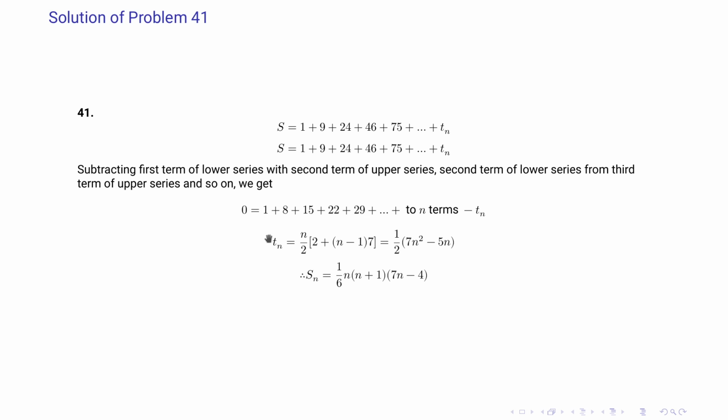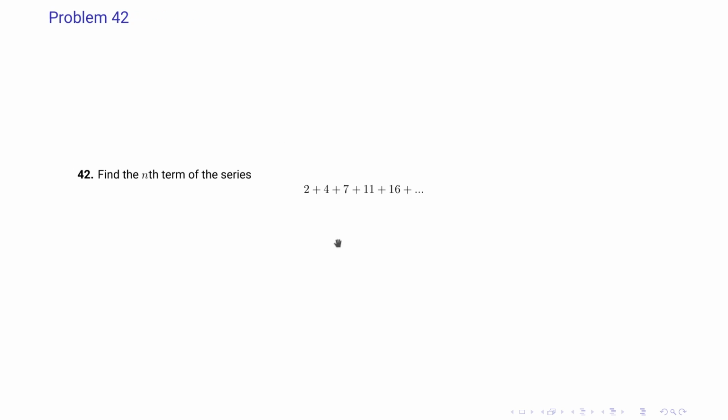So tn will go to the left side, and on the right hand side, the first term is 1 and the common difference is 7, because 8 minus 1 is equal to 15 minus 8 is equal to 22 minus 15 is equal to 29 minus 22, which is equal to 7. So our nth term is 7n square minus 5n. So you apply the sigma operator over n square and n and substitute the formula, and you will get the sum of n terms as 1 by 6 into n plus 1 into 7n minus 4.